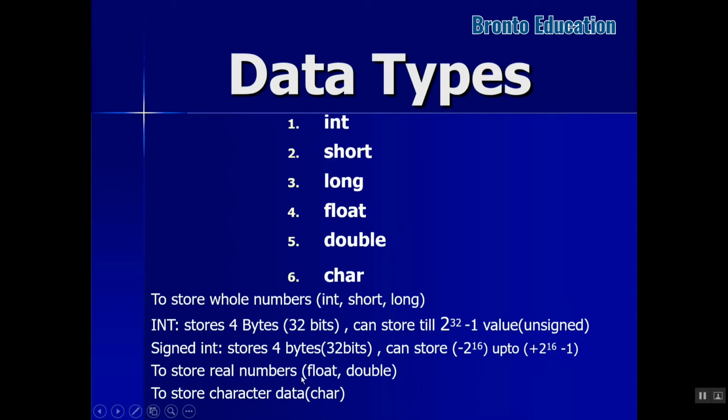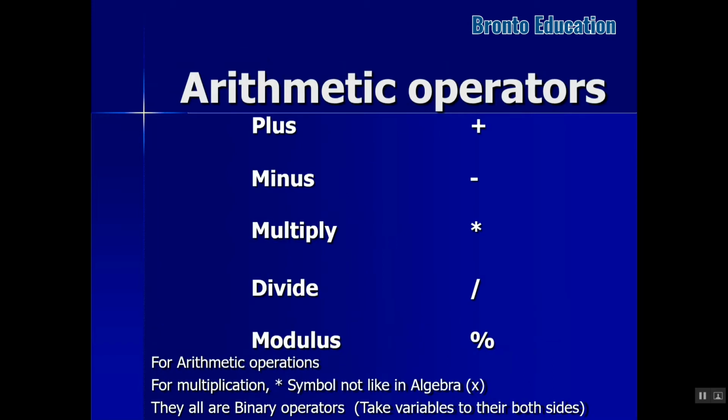To store real numbers, we have float and double. This is also the same case. Float will reserve 4 bytes and double will reserve 8 bytes. And to store character data we use char. We have arithmetic operators: plus, minus, multiplication, divide, and also modulus.